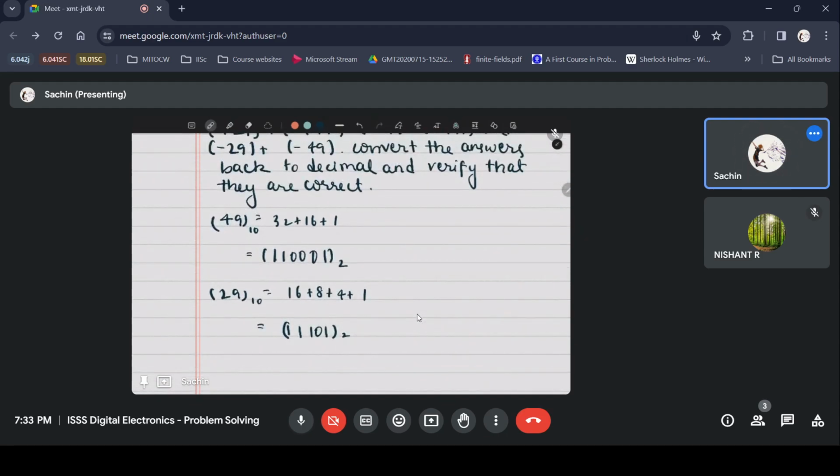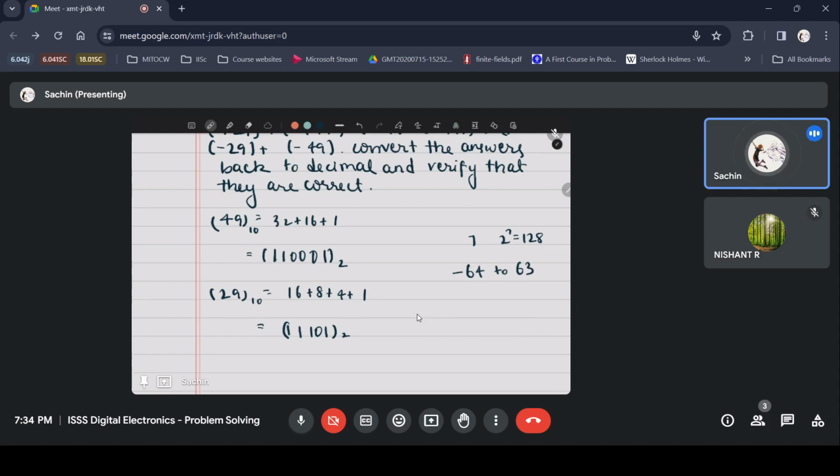Now let's see, we'll use the thing that I told you earlier. How many numbers can you actually have? If you use say 7 bits, there will be 2 power 7, 128 representations, so you can go from minus 64 to 63. That's with 7 bits.